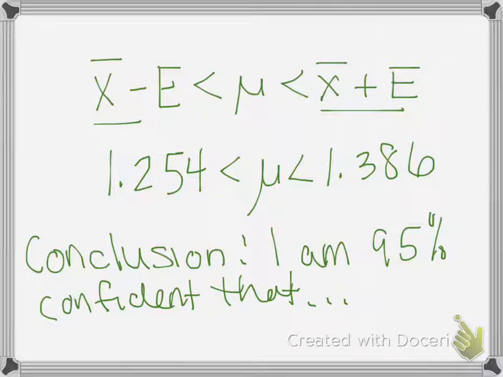In this case, we would say, I'm 95% confident that the population mean number of personal computers is between 1.254 and 1.386. So that's how you would finish out this question.